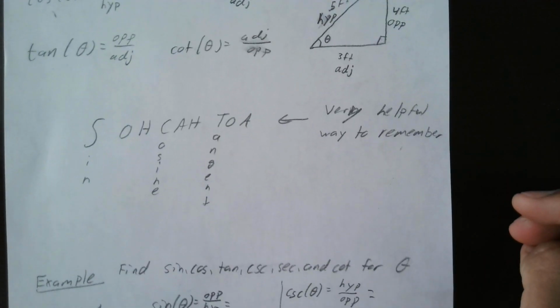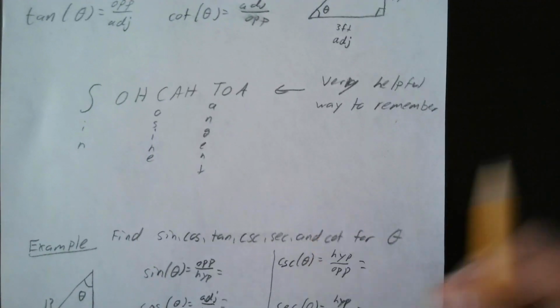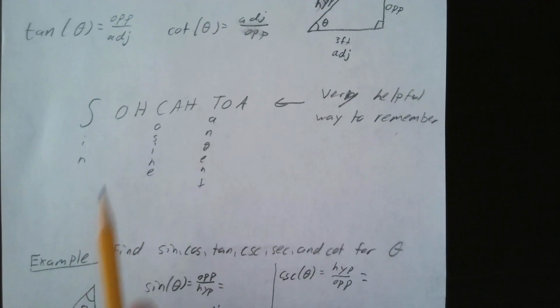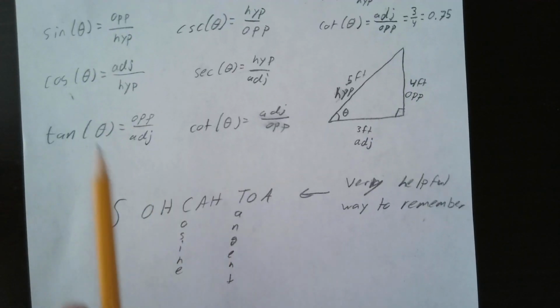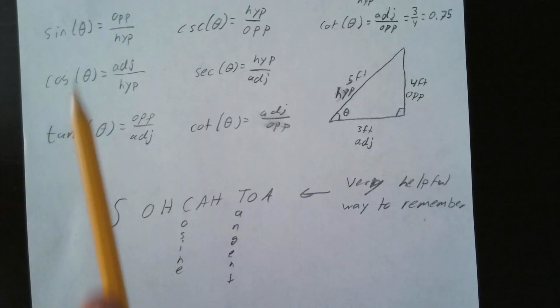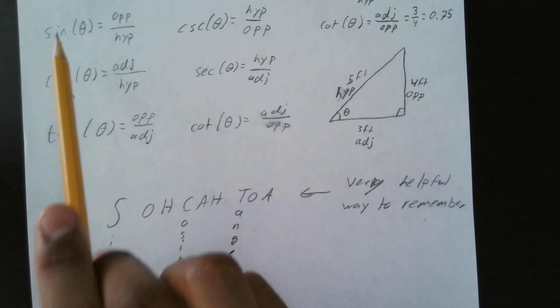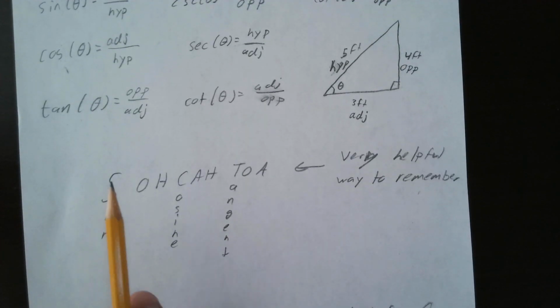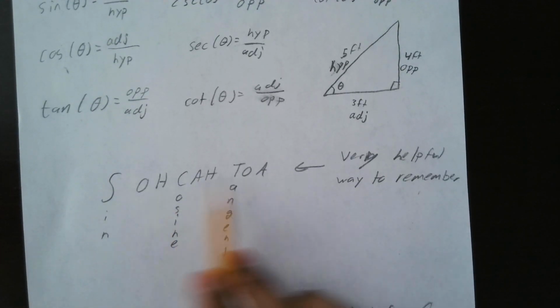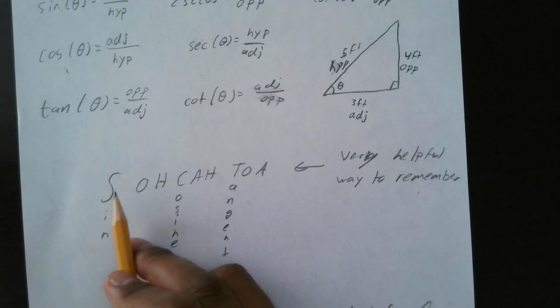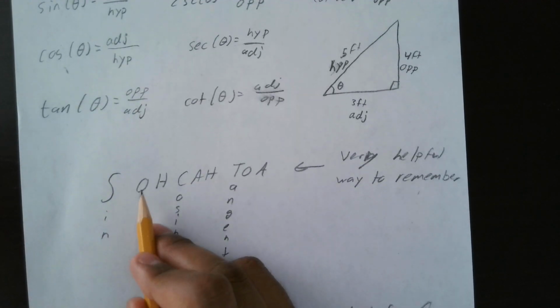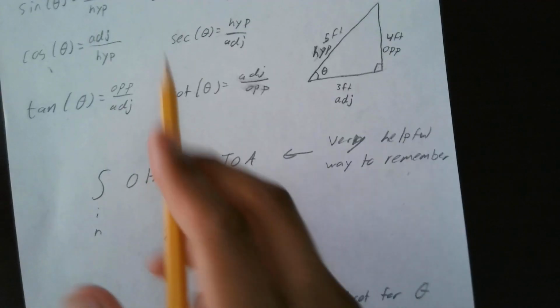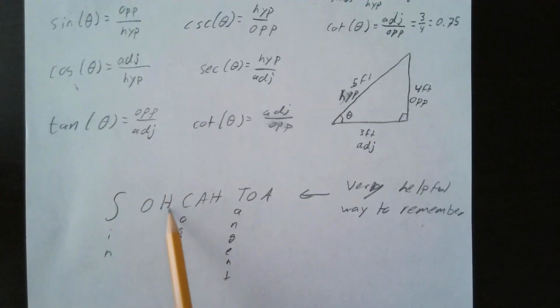Now, here's a very helpful tool to remember your trig functions. Well, specifically these 3 over here. These 3 are the ones you're going to see very frequently, especially sine and cosine. So we have SOHCAHTOA, where S stands for sine, and then we have this O and the H. The O stands for opposite, and the H stands for hypotenuse.